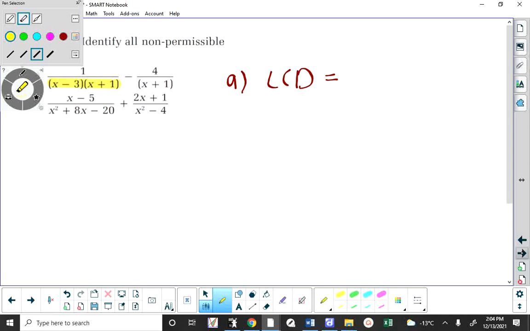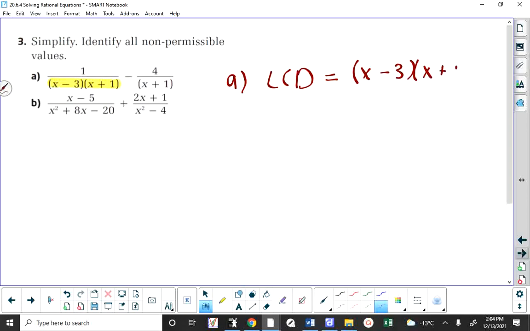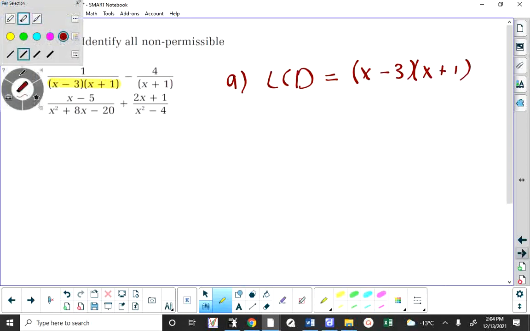That means both of those factors have to be part of the common denominator. And then if we highlight the denominator of the second fraction, it's x plus 1. That means x plus 1 has to be part of the denominator. But when we look at what we've written, x plus 1 is already there.